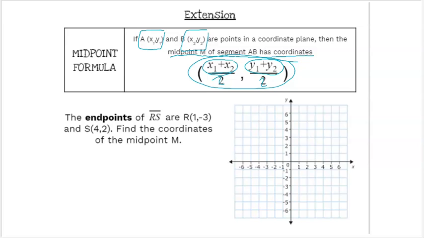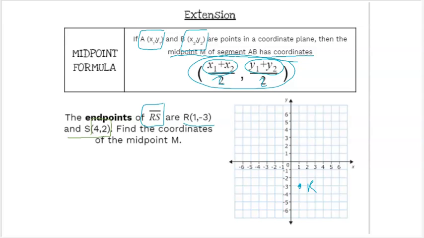So the endpoints of segment RS are R is (1, -3). So let's find that, 1, -3 right there, and I'm going to label it R. And then S is (4, 2).